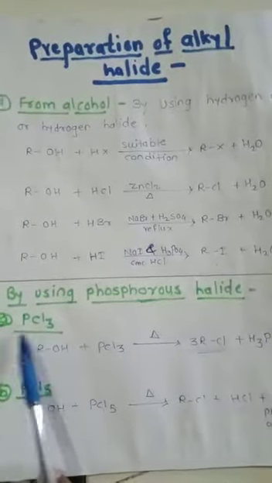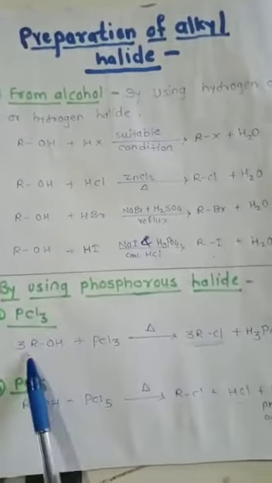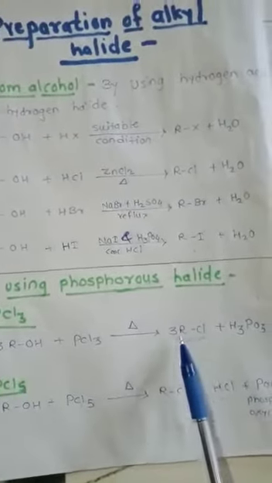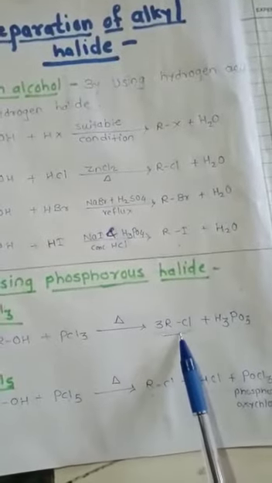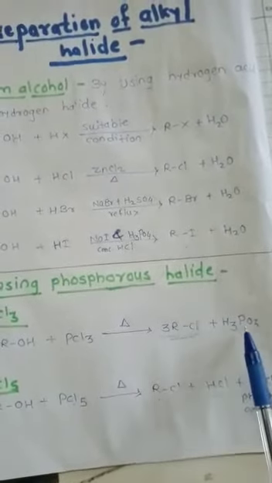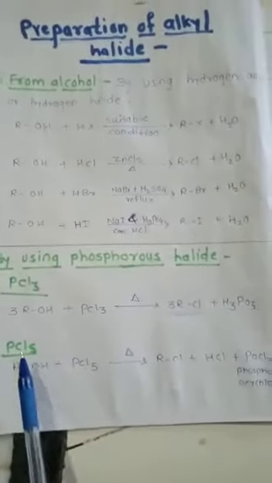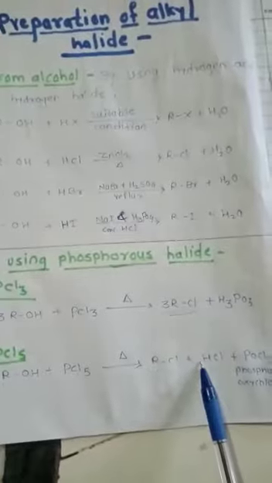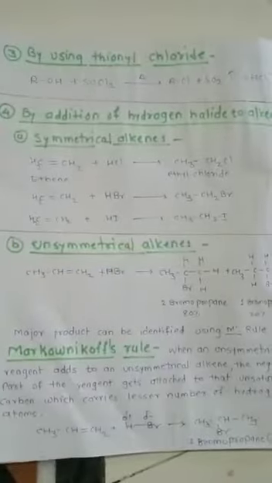First we use PCl3. When we add PCl3 into alcohol we get 3 molecules of alkyl chloride with H3PO3. When we use PCl5 then we get alkyl chloride with hydrochloric acid and POCl3 molecule.